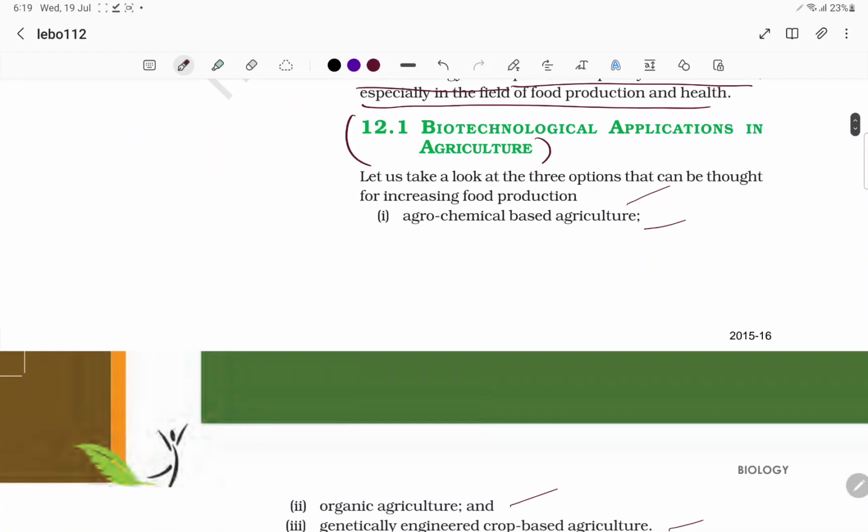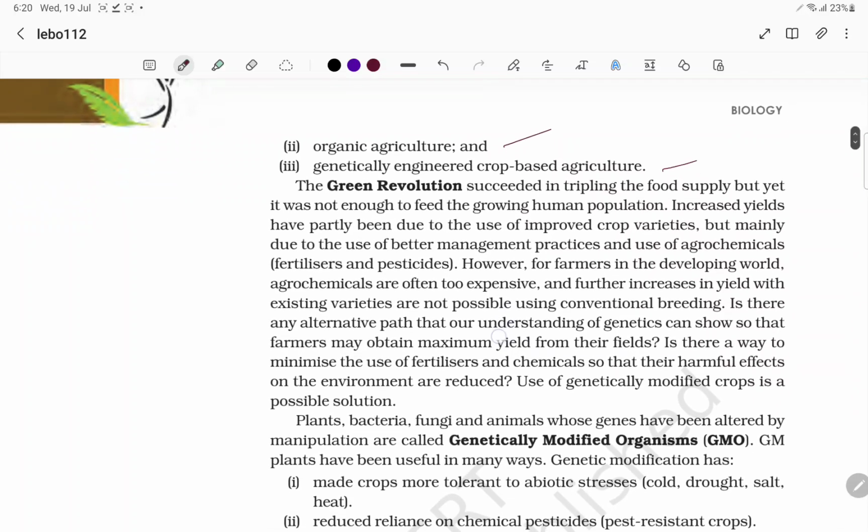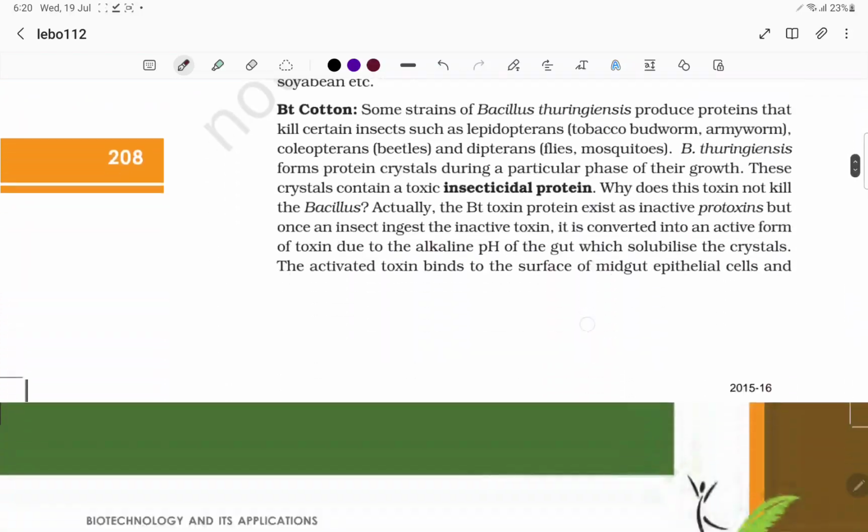One is agrochemical based agriculture, where we have to use chemicals. Next is organic agriculture. And next is genetically modified, engineered crop based agriculture.